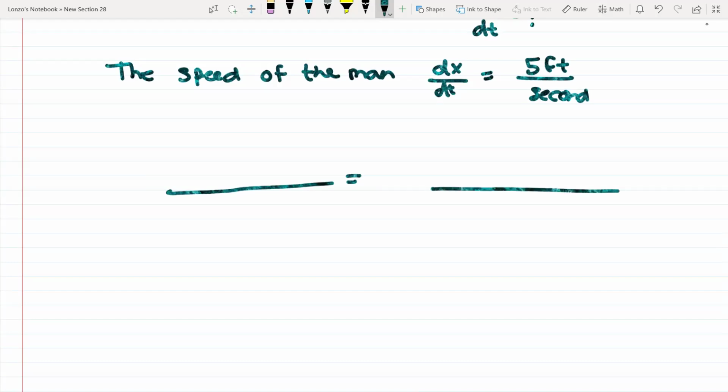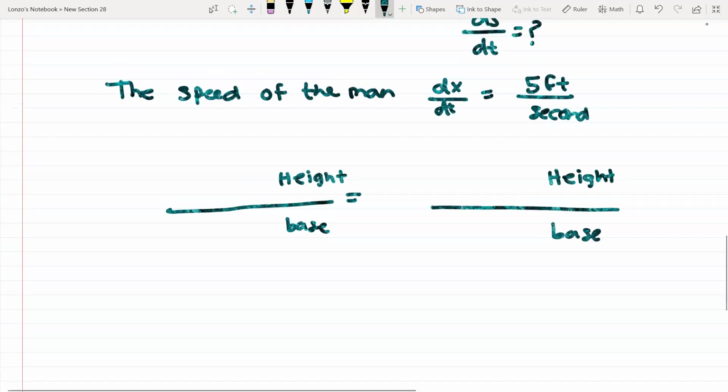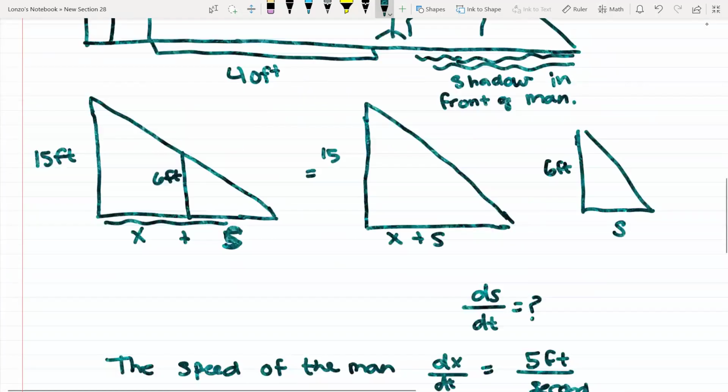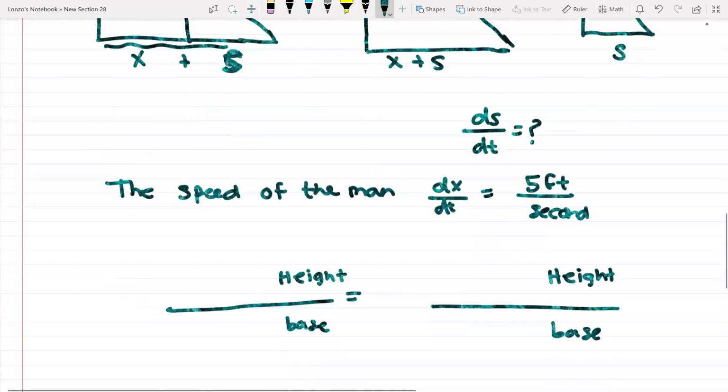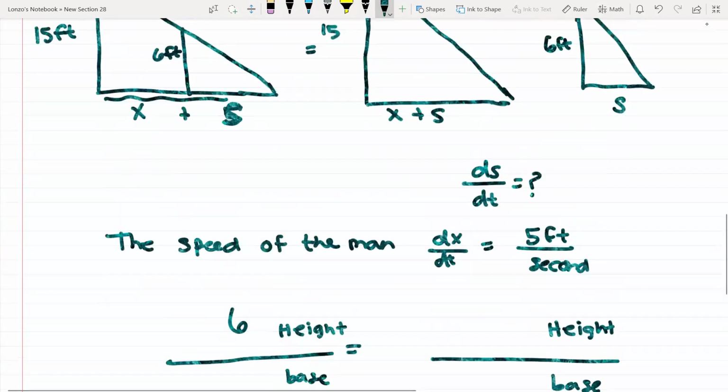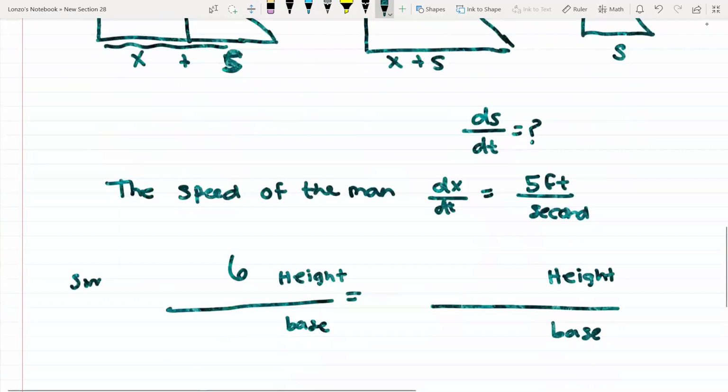It doesn't matter what triangle you use first, as long as the units are the same: the length on the top is the height and the bottom is the base. You can't switch the order.